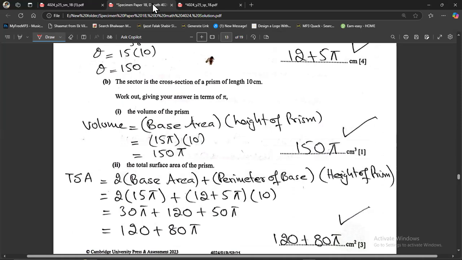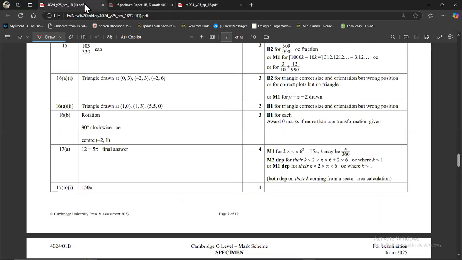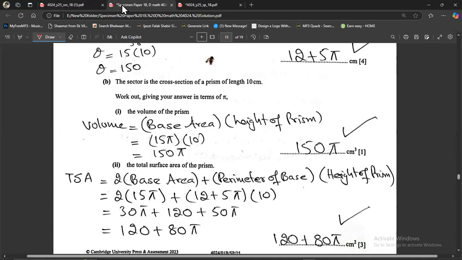Height of the prism is 10 centimeter. Height of the prism means the distance between one base and the other base. So 15 pi multiplied by 10 is 150 pi. So the volume is 150 pi centimeter cube. You can see this answer is perfect.